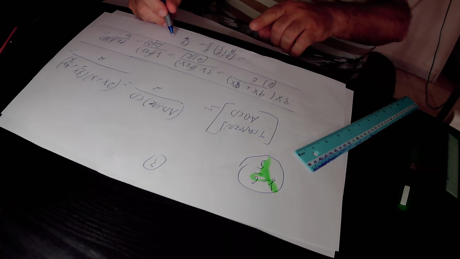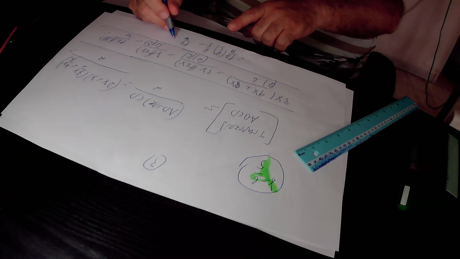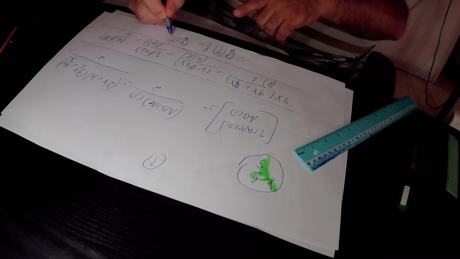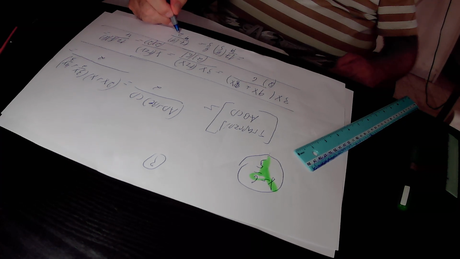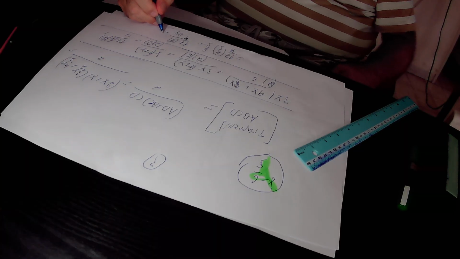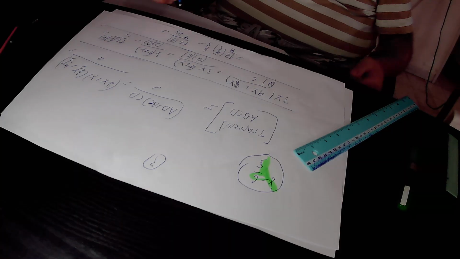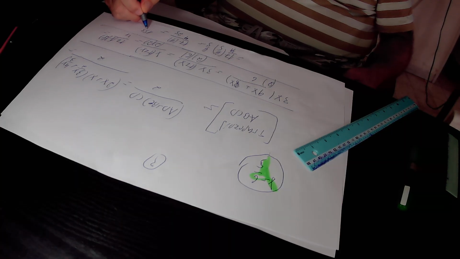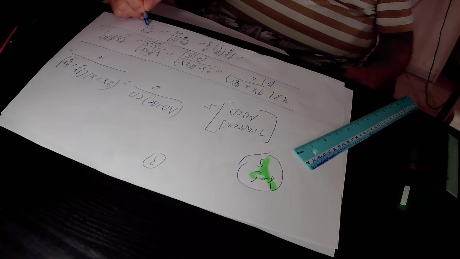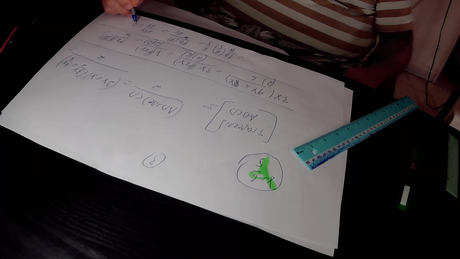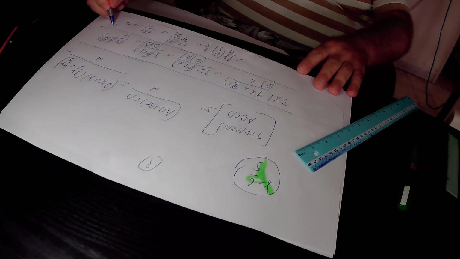So in total, the area of trapezoid ABCD equals 17, and 6 times 6 over 4 is 9, divided by 5 times 5, that is 25. So the area of trapezoid ABCD equals 17 times 9 over 25. 17 times 9 is 153 over 25. And 153 over 25 is 6.12 square units.